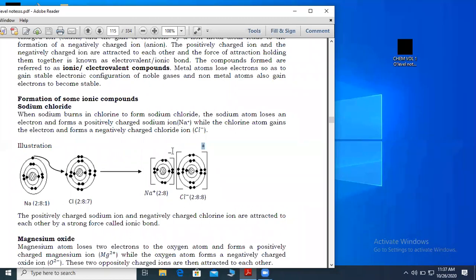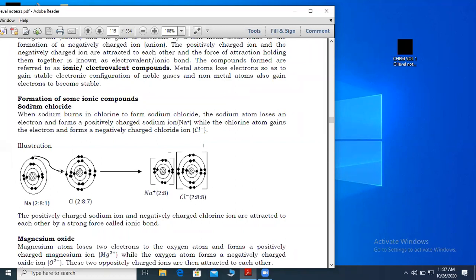And when that electron is lost, then the sodium atom will gain a positive charge. So it is no longer a sodium atom you are seeing here. It is now a sodium ion with a positive charge because it lost the electron.